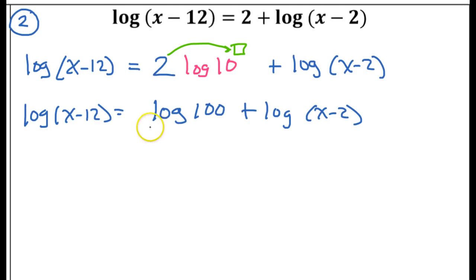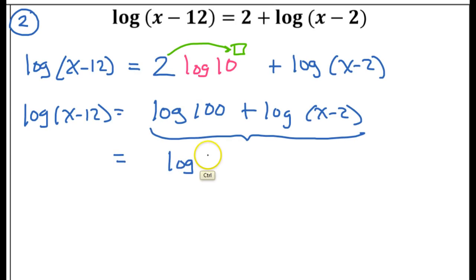Okay, so now I can use the product rule. The product rule says that if you have the sum of two logs, you can write that as a single log if you do multiplication. So this would be the same thing as a single log of 100 times x minus 2.